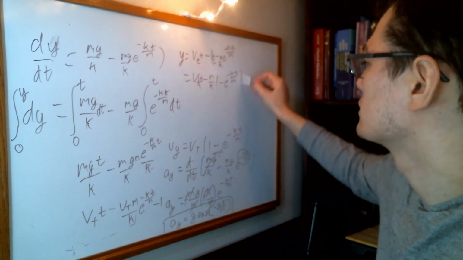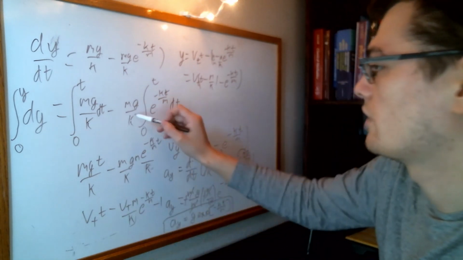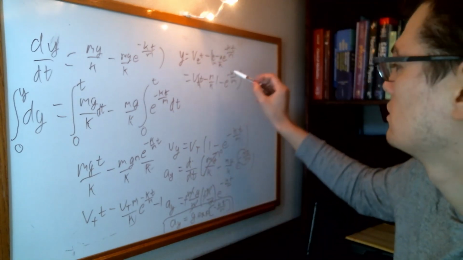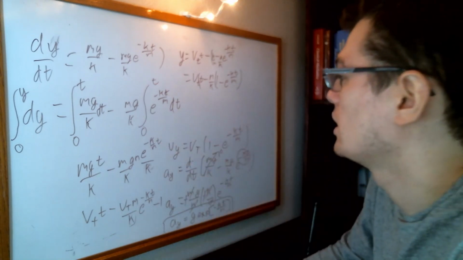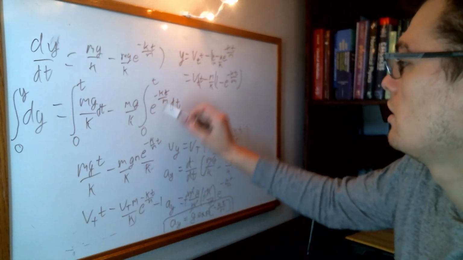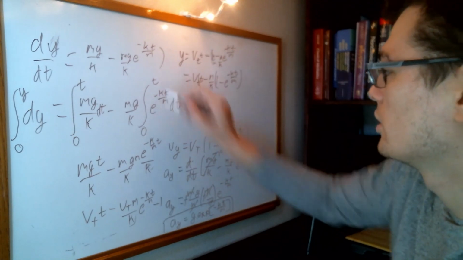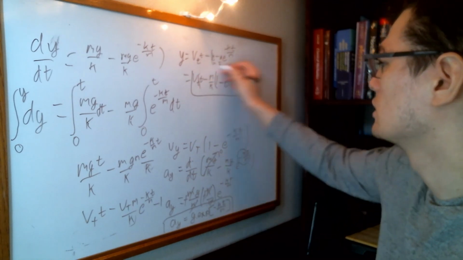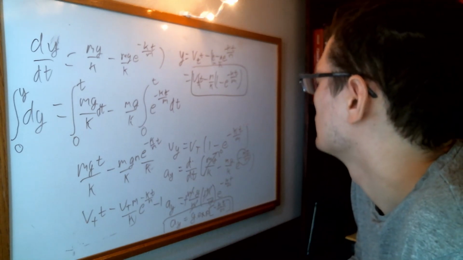And there's a factor of Vt in front of everything, because we have that here, so we can factor the Vt out of everything. We have our t, we have our m/k that gets multiplied by the 1 when we put in the 0 here, and we have our 1 that we plugged in t for. And so this will be your answer: Vt times the quantity t minus m/k times the quantity 1 minus e^(-kt/m).